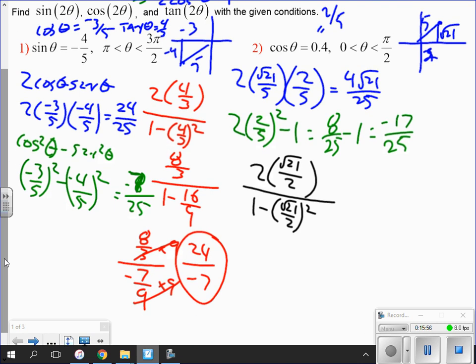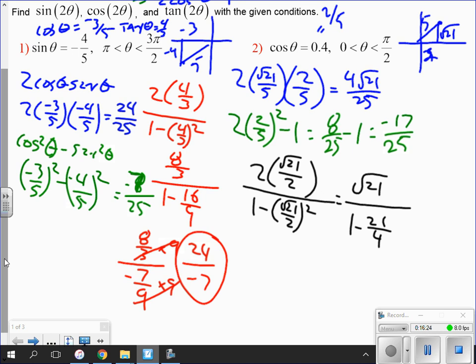What do I get in my numerator? I get root 21. That's not too bad, actually. In my denominator, I get 1 minus 21 over 4. And 1 is 4/4. 4/4 minus 21/4 would be negative 17/4.